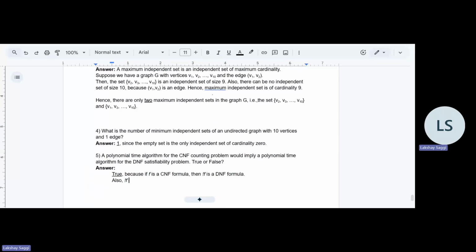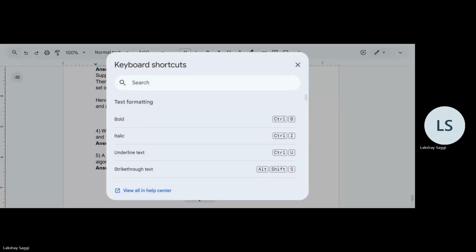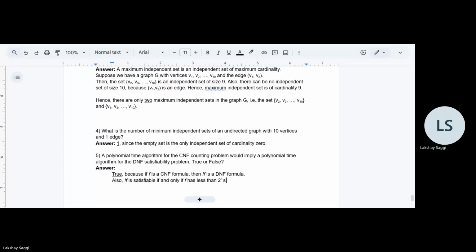Not of F is satisfiable if and only if F has less than 2 to the n satisfying assignments.